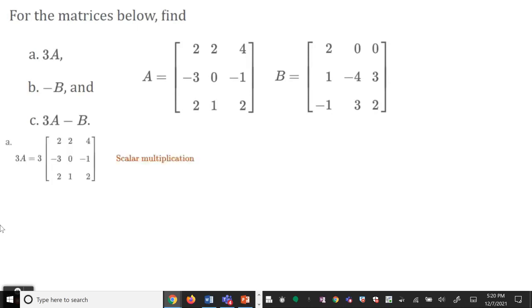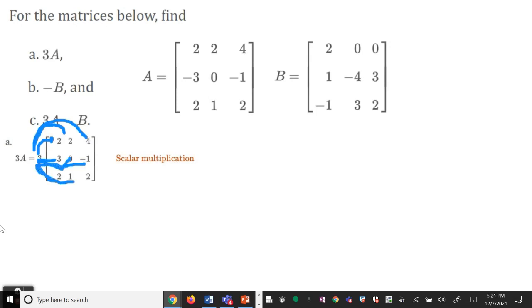And so what we're going to do is take the number 3, and we're going to multiply each entry by the number 3. So we're going to multiply 3 times 2, 3 times this 2, 3 times this 4, and so on. 3 times this one, 3 times this one, and 3 times everything.